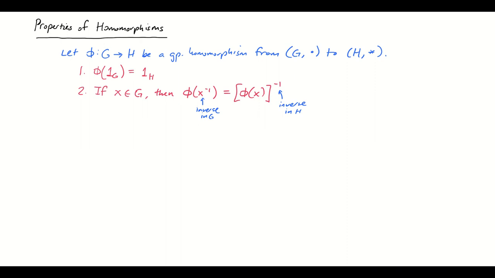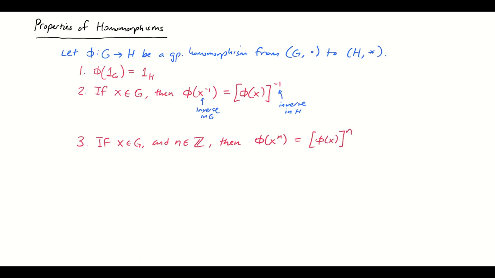That's number 2. Number 3, we're going to prove if X belongs to G and N is any integer, positive or negative, then phi of X to the N is equal to phi of X, all of that raised to the nth power.